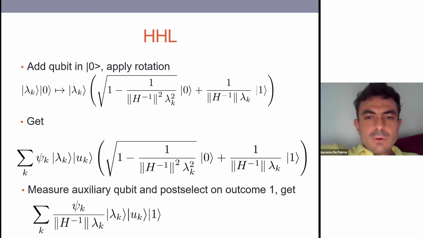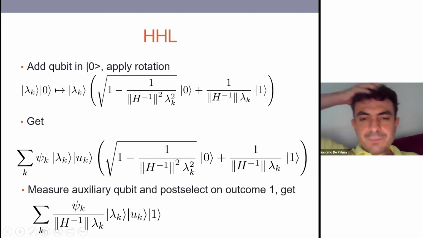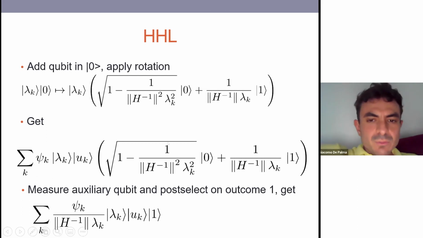Then the idea is that we can measure this auxiliary qubit and post-select on getting the outcome 1. What happens? If we do this operation, this will kill this component with the 0. That's what we do not want. And we are left with the component with the 1, which is this object here that you still see.